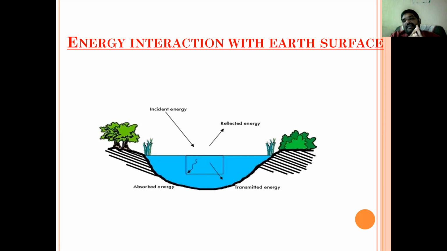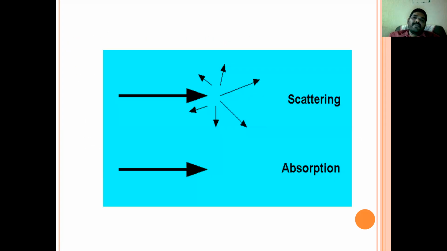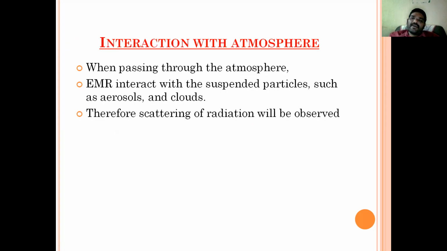Because of this, the image may give blurriness, and the resolution of the image may be reduced. We have completed this; I hope you understood how the atmosphere shows its impact on electromagnetic radiation.